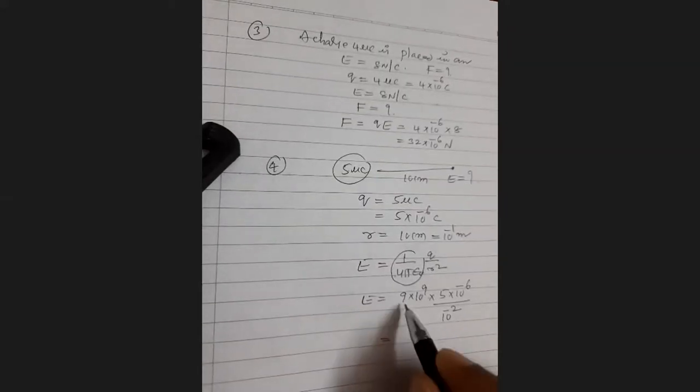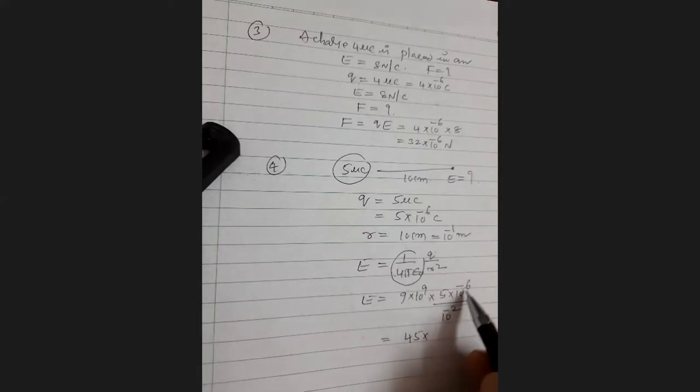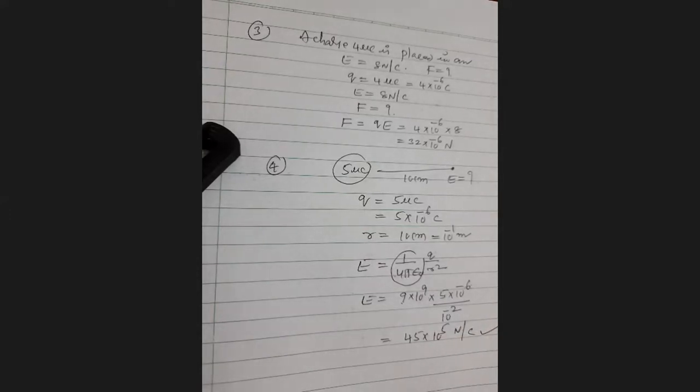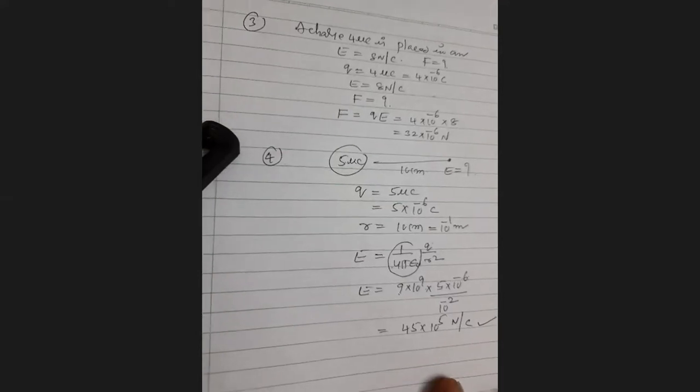That equals 9 times 5 is 45. So 10 power minus 2 by cancellation, 10 power minus 4 will be left. 10 power minus 4 into 10 power 9, 10 power 5 Newton per coulomb. This is the field strength at the distance of 10 centimeter from the given point charge 5 microcoulomb.